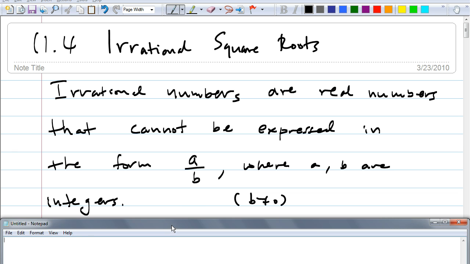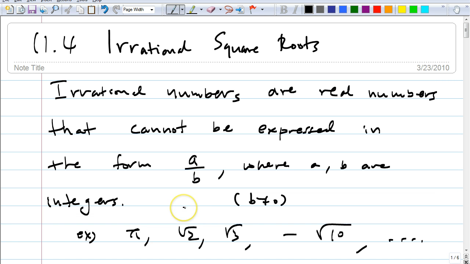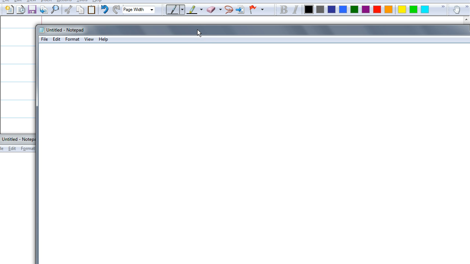And of course, some examples of irrational numbers we talked about: pi, root 2, root 3, negative square root of 10, and so forth. If you like, you can write it down. Now what I want to talk about today is irrational numbers that happen to be square roots.